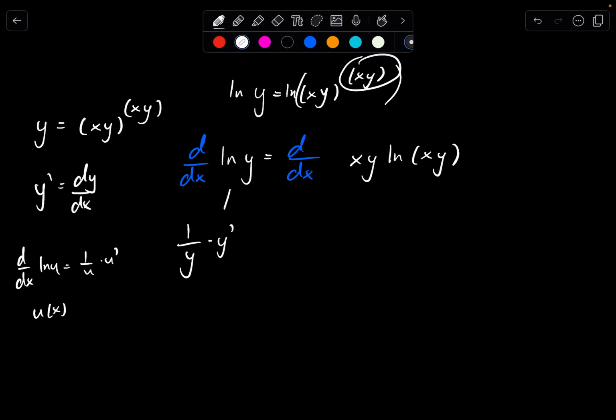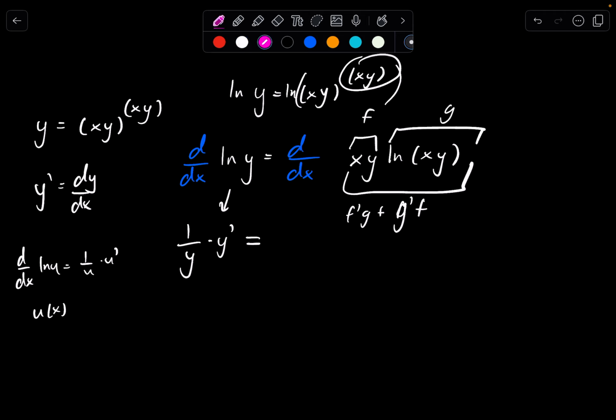So immediately we have this on the left-hand side, and then on the right-hand side, let's take the derivative of this. It looks a little bit nasty, but I think we can do it. The derivative, using our product rule, f prime g plus g prime f, where this is f and this is g. What do we have on the right-hand side?